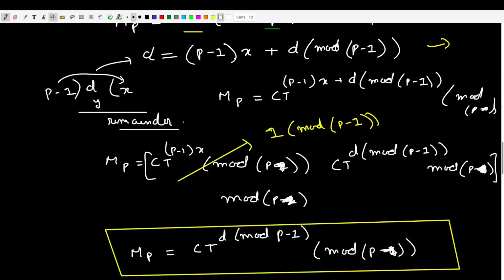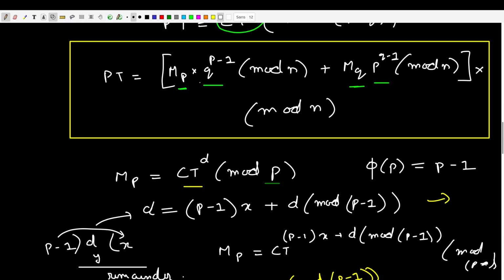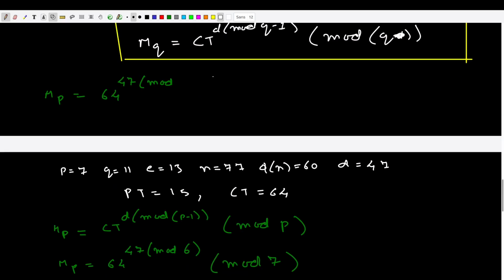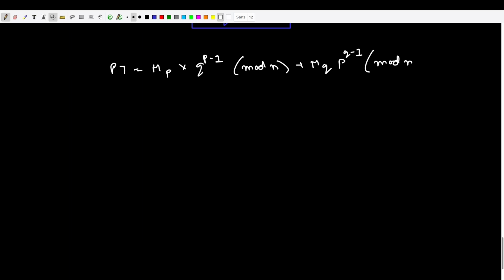So our original equation was what? Let me write it down here. Plaintext is equal to MP times Q to the power P minus 1 modulo n, plus MQ times P to the power Q minus 1 modulo n, and then this entire term is modulo n.